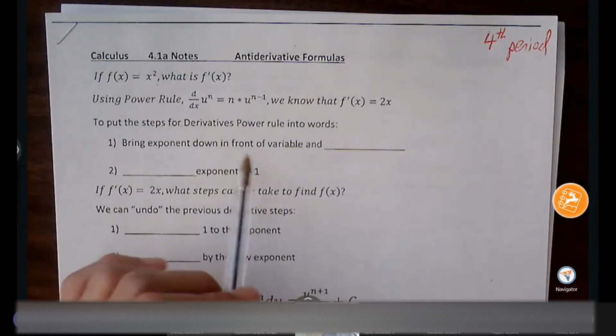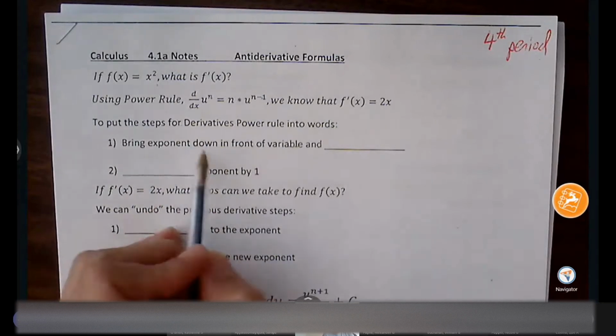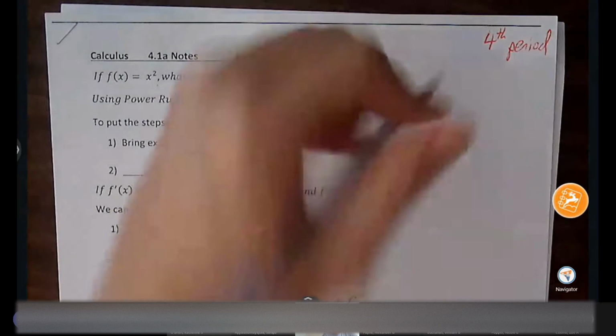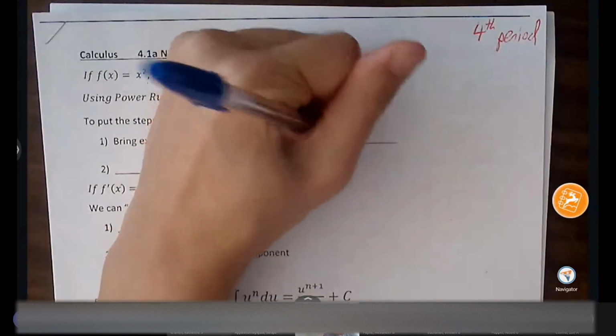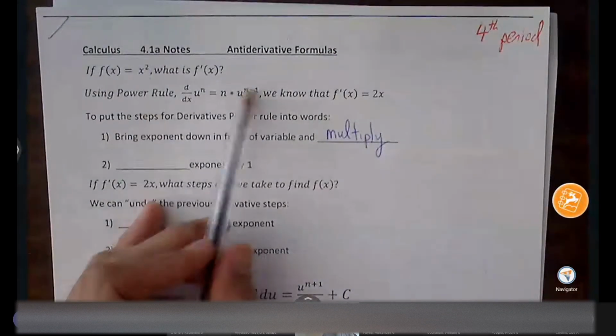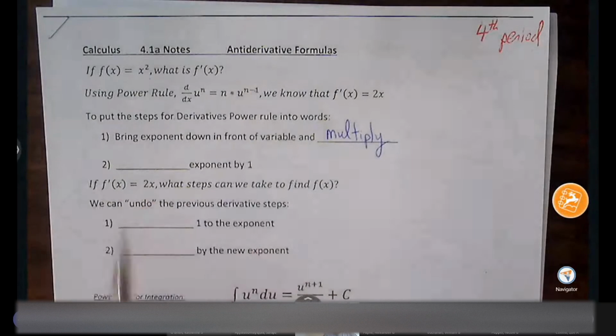But let's think about the operations that we did. We multiplied, right? We brought the exponent down, so we multiplied. And then we took that exponent and we subtracted 1 from the exponent.